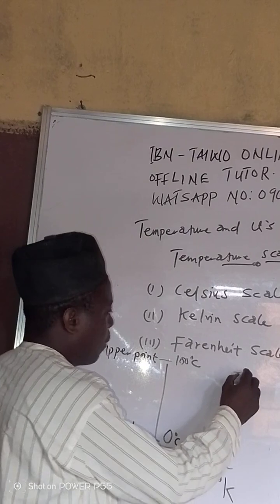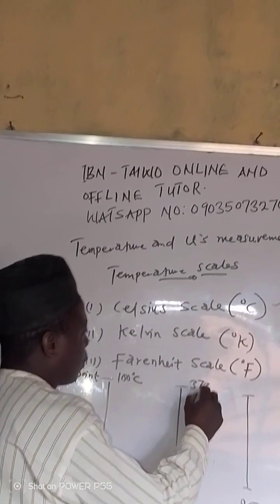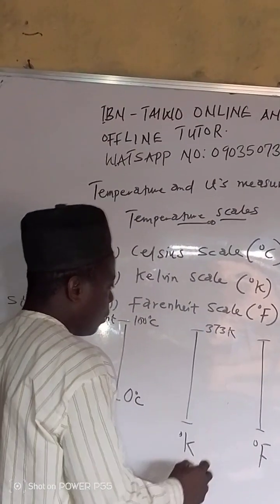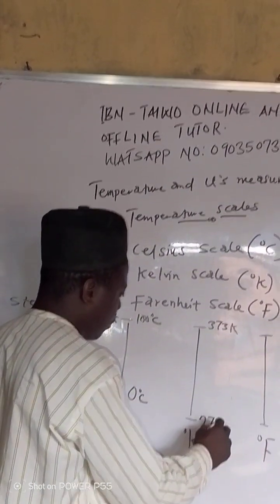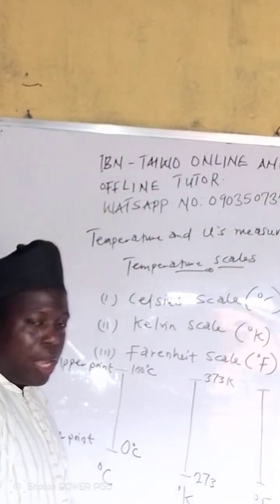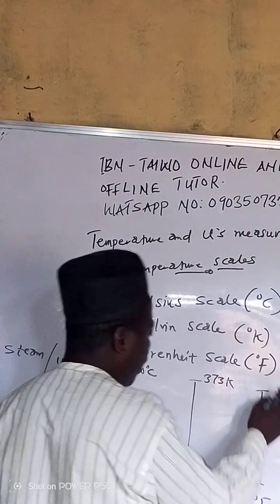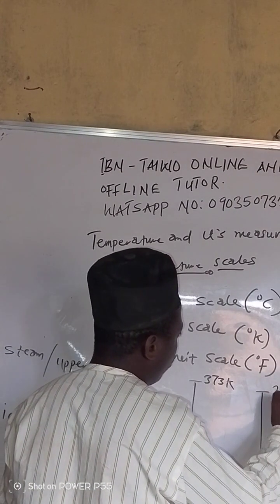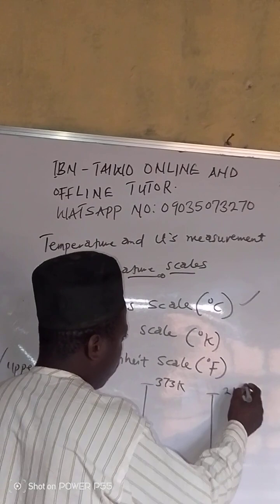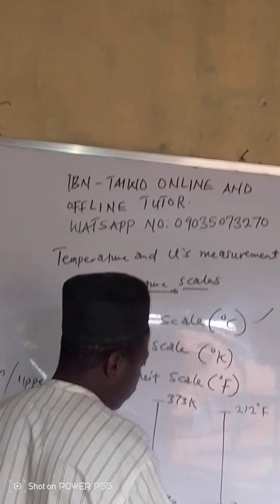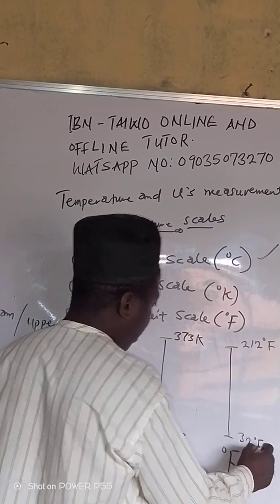For the Kelvin, the upper point is 373 Kelvin. For the lower point, 273 Kelvin. Are you following me? For the upper point for the Fahrenheit, 212 Fahrenheit, while the lower point is 32 Fahrenheit.